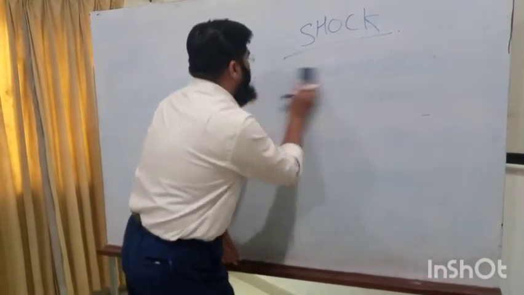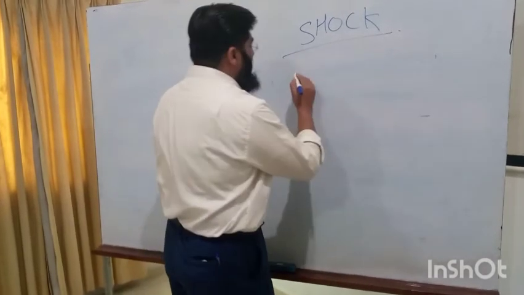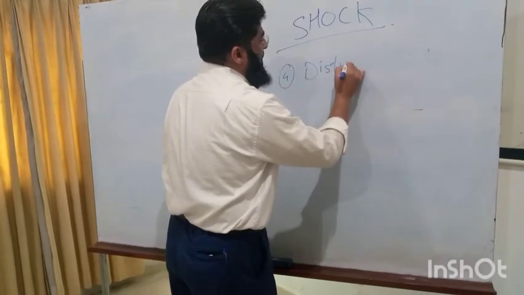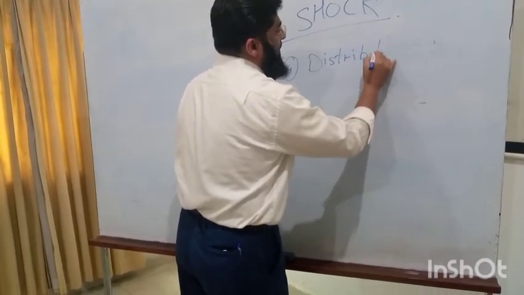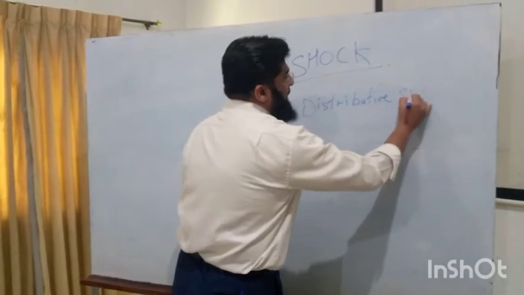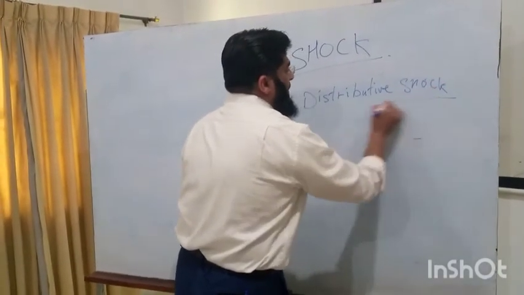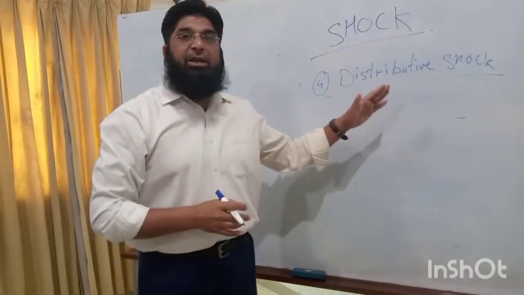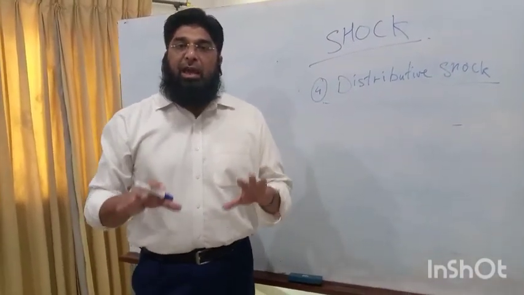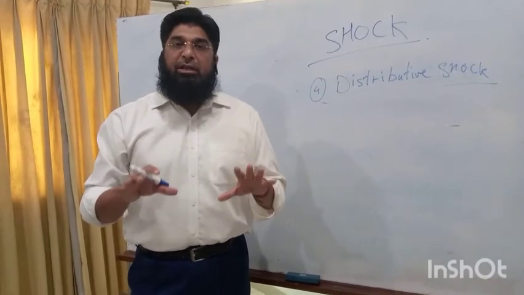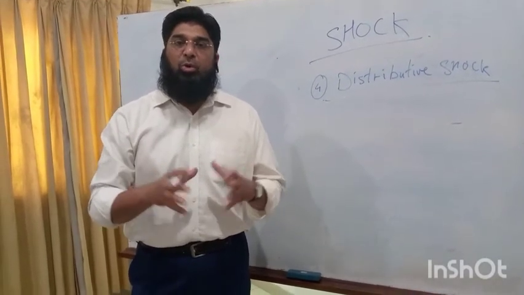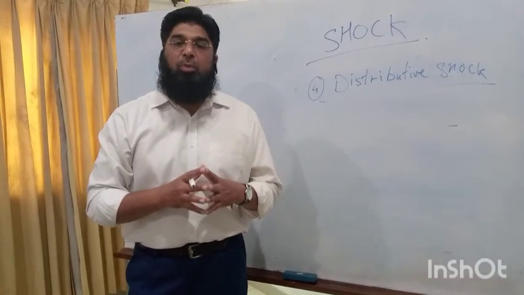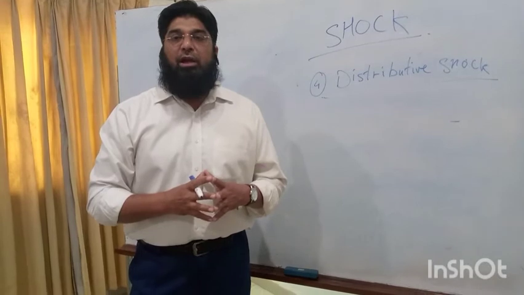Now, our fourth variety of shock is distributive shock. Students, in distributive shock, as the name indicates, there is an abnormality in the distribution of blood. We can say that there is abnormal increased vasodilation.